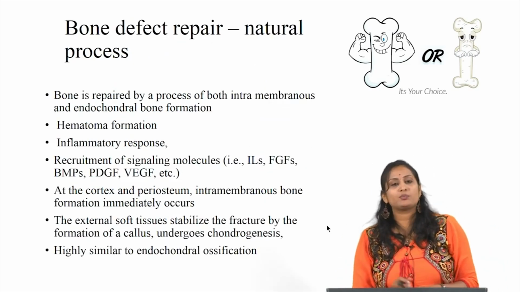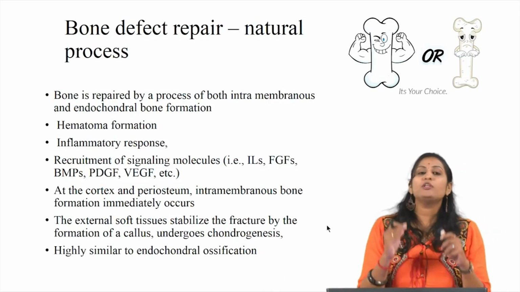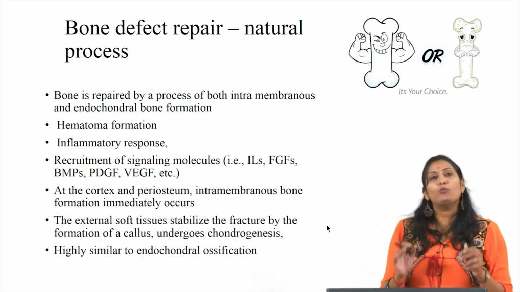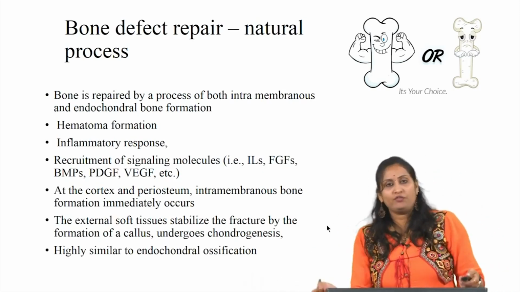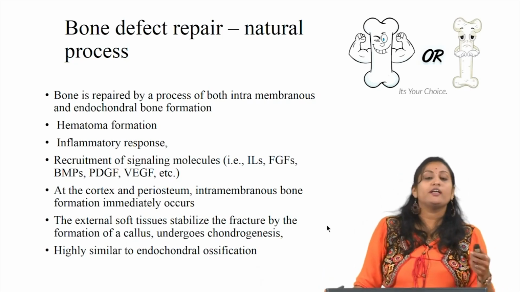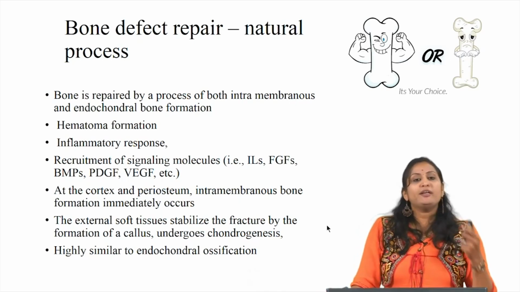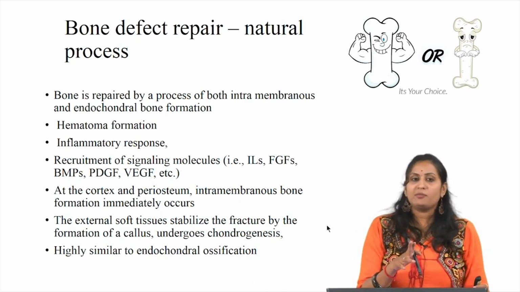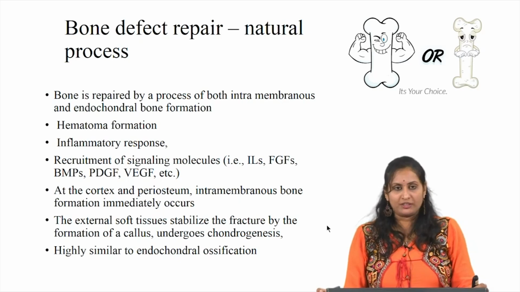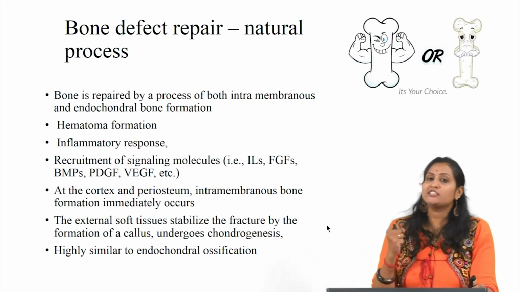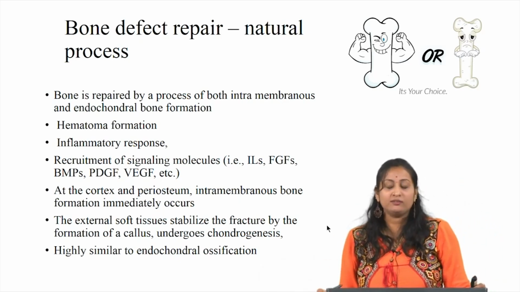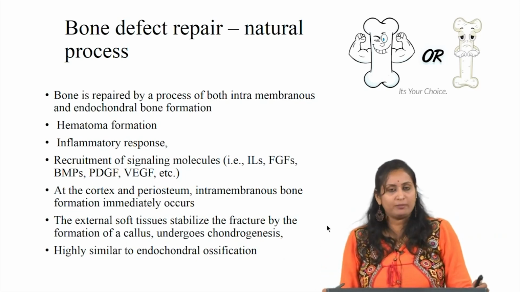So, now I will be explaining the normal process of bone healing. Once there is any fracture, bone can heal itself by its own process. It can be repaired by the process of both intramembranous and endochondral bone formation. First it starts with hematoma formation accompanied by the inflammatory response.